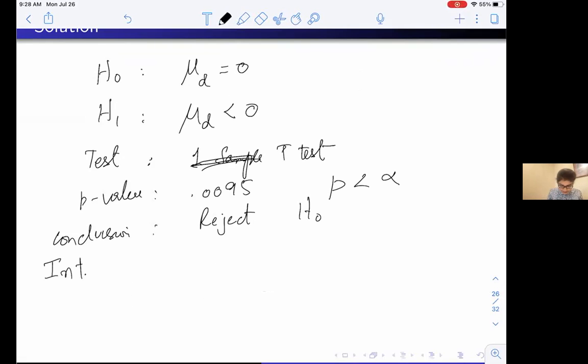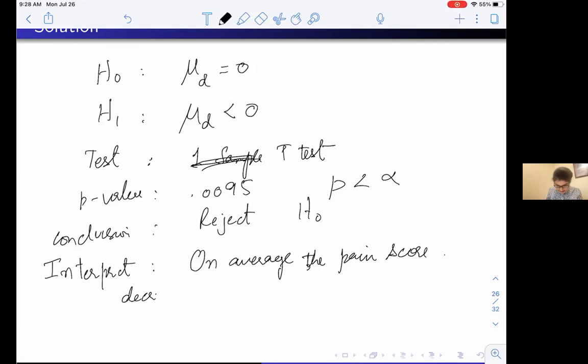So this is my interpretation for the test, that on average, the pain score decreased after hypnotism.